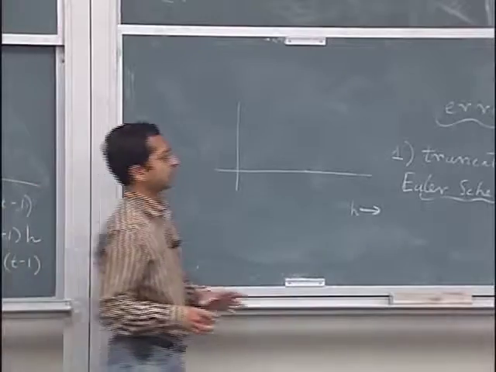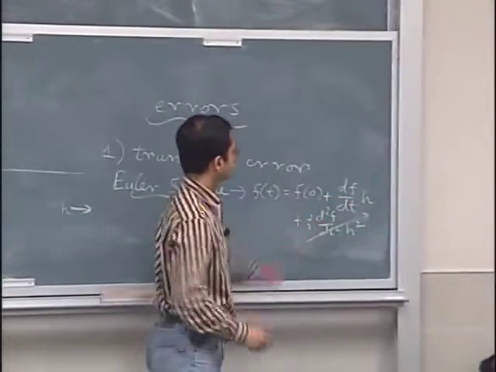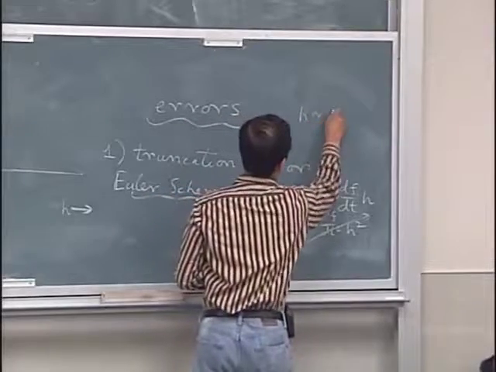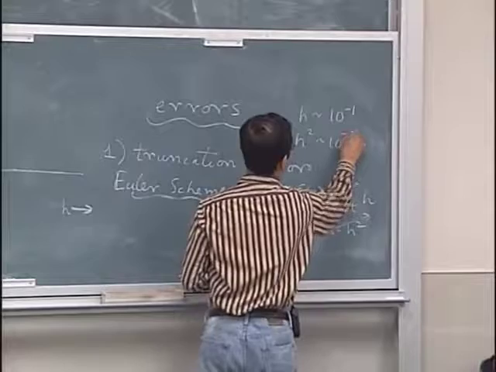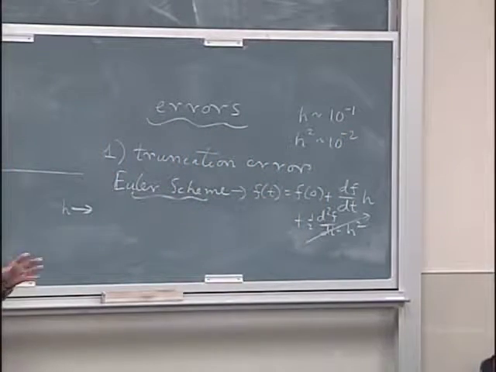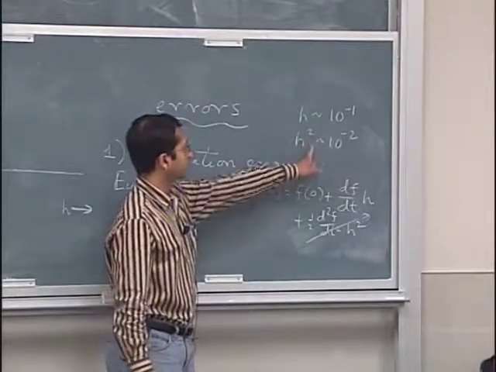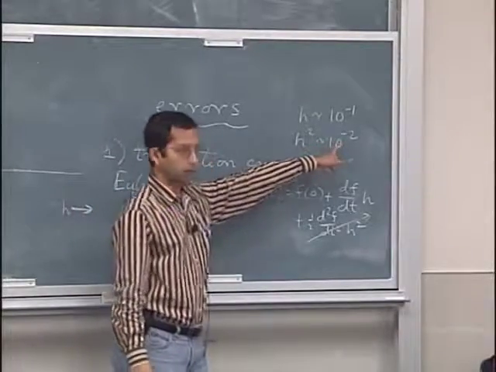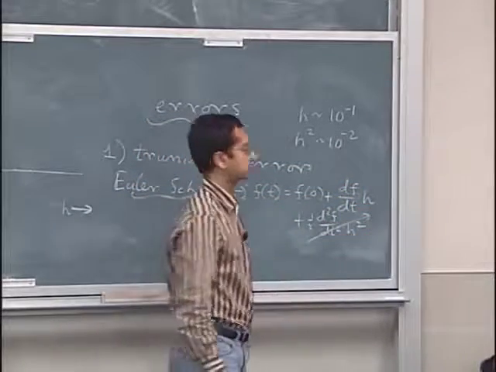It increases. Very good. Because, as I told you, if h is, suppose, 10 to the power minus 1, h squared is 10 to the power minus 2. So the difference is not that much. So if you choose a time step of 0.1 and you do Euler scheme, you are already making an error of the order of 0.01, which may not be small in some situations.